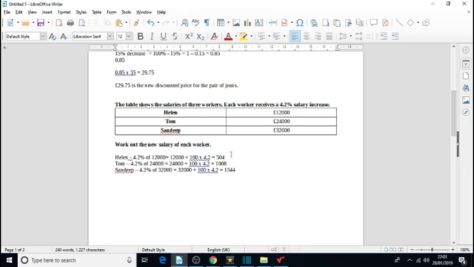But now to work out the new salary, we need to add these increases on top of the salary that they already earn. So for Helen, it would be 12,000 plus 504. So therefore that would be 12,504. So that would be her new salary.